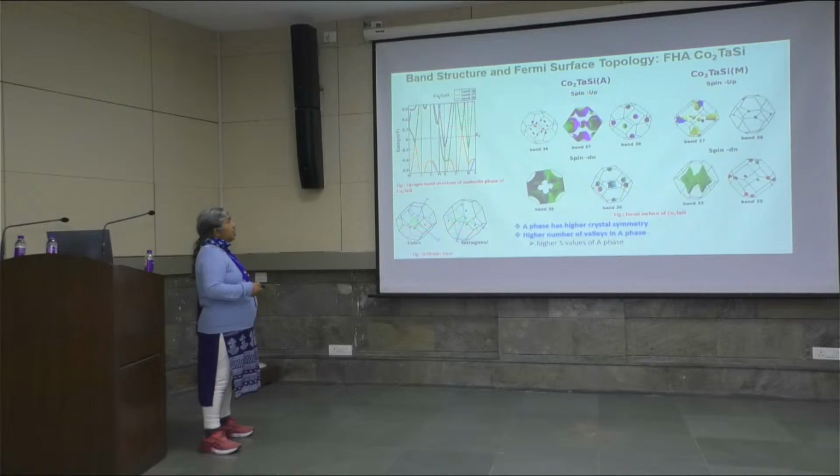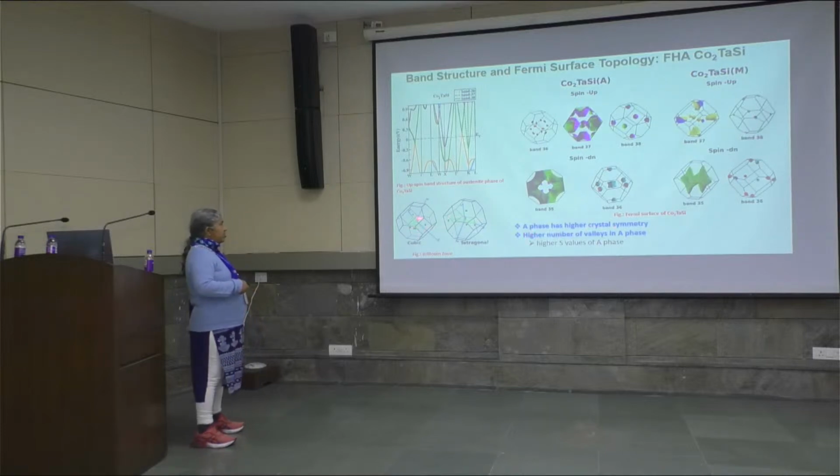So, the band structure and topology of the full Heusler Co2TaSi. Here, for the austenite phase and the martensite phase, we have plotted the band structure just to show the band numbering corresponding to the Fermi surface. This is for up and this is for down, and this is for the martensite phase also, up and down. So we see that the A phase has higher crystal symmetry.